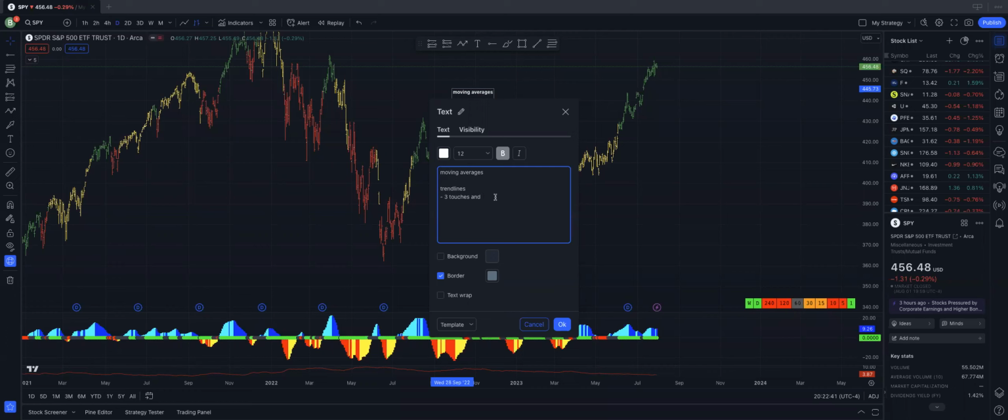Second, you have trend lines, three touches and aggressive turning points.